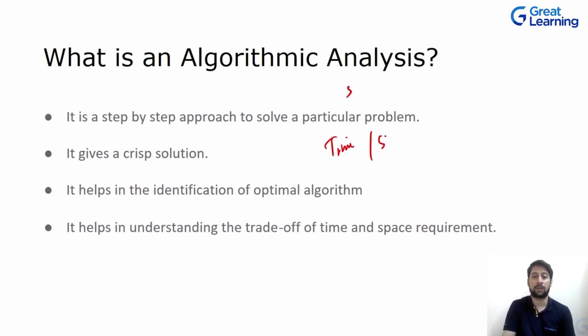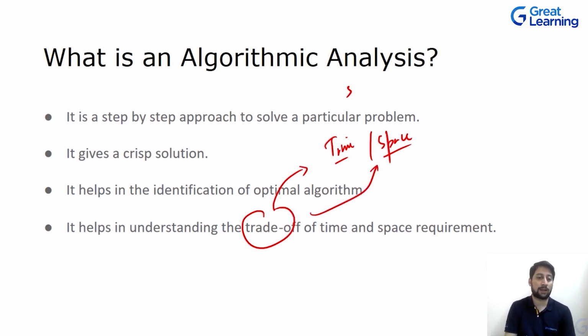You should be able to understand the difference between time complexity and space complexity, and depending on that, you should be able to do a trade-off as well. When I say trade-off, you should be able to depict whether you are going to use your time efficiently, or are you going to save your space?